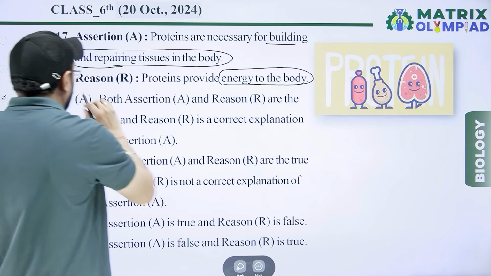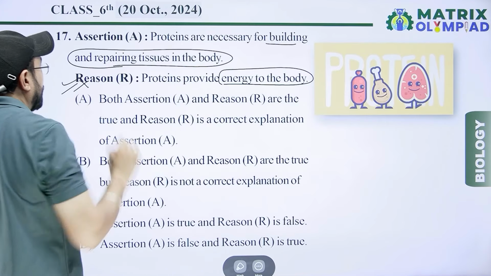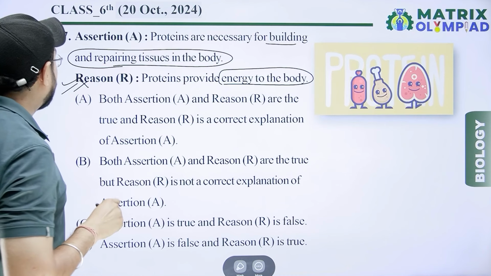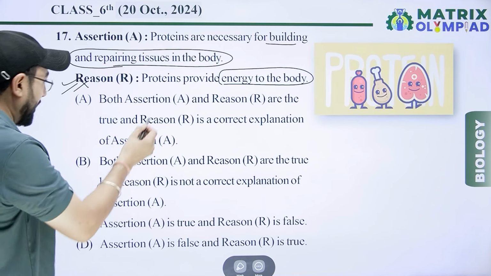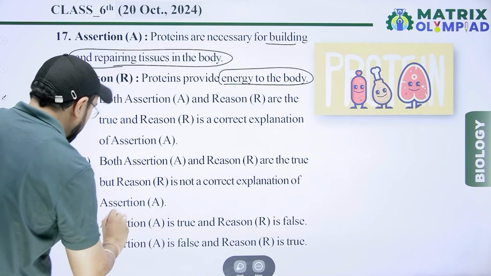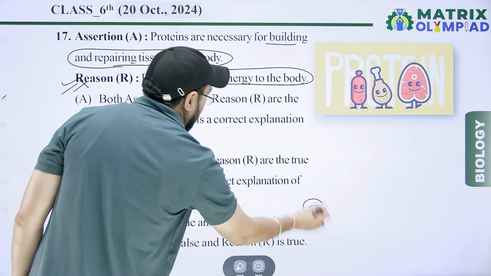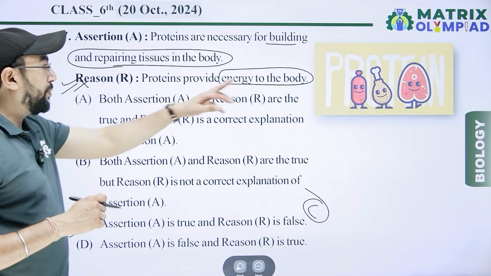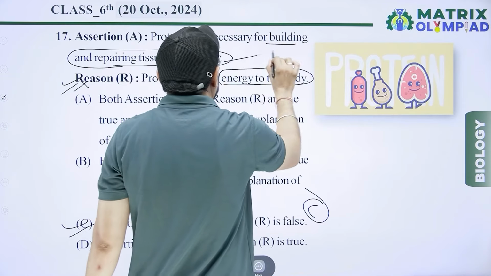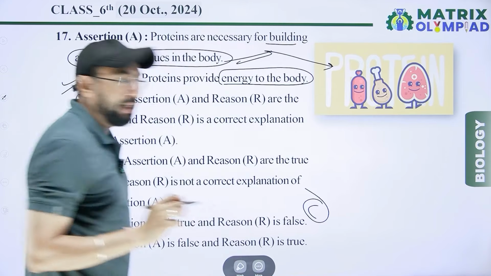No, no, no. The reason is wrong. The assertion is right. According to the options, assertion A is true and reason false is option C. Option C is correct because protein participates in building and repairing tissue in our body.